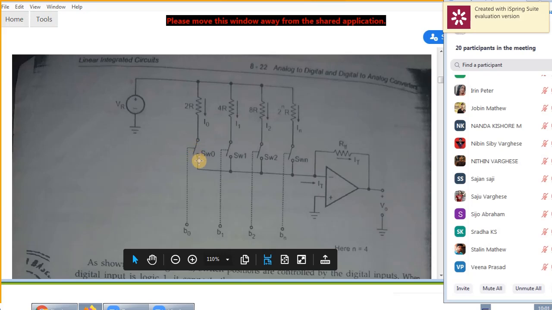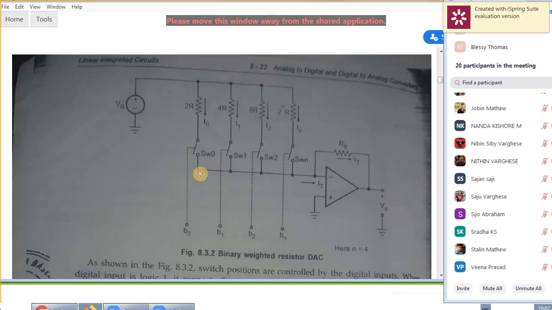If the switch is on, then what will happen? Here this is the op-amp, so this is ground, which means this is also virtually ground. If the switch is on, here it is also virtually grounded. So the current will flow from VR through here. The current flowing through the 2R, we take as I0. What is the value of I0? VR is connected in parallel to 2R, because this is ground and this is also ground.